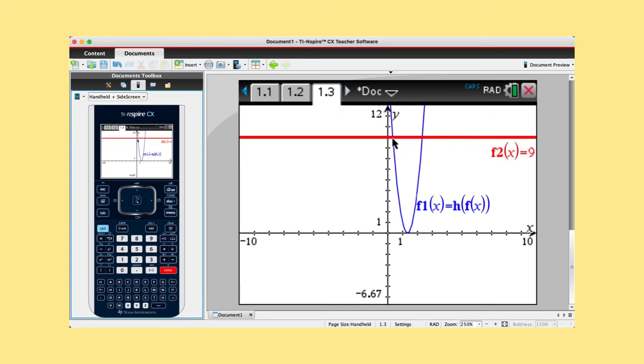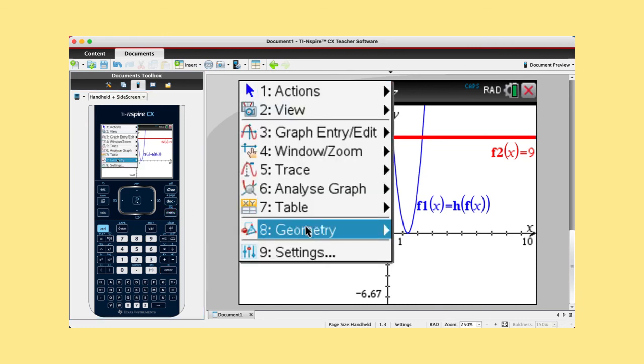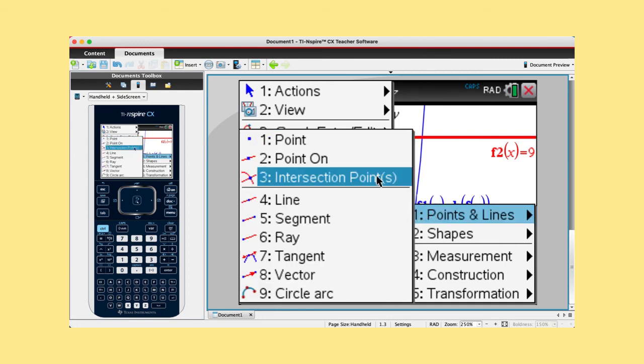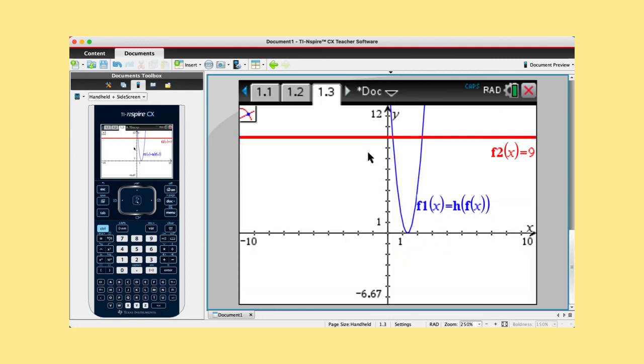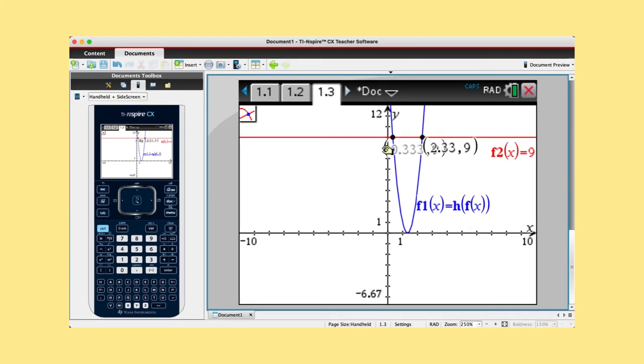I now want the 2 points of intersection. So I go to Menu, Geometry, Points and Lines, Points of Intersection. Now I need to touch both graphs. It doesn't matter which order. So 1, 2. Now let's just move them slightly.